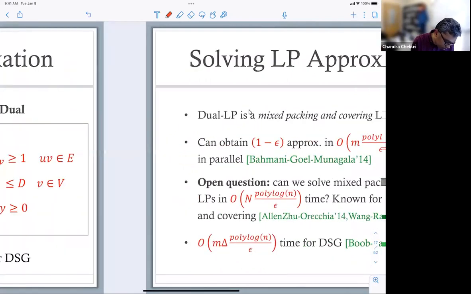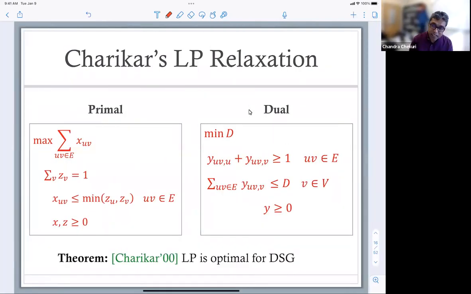What is interesting about the dual, as opposed to the primal? Don't worry about the interpretation. If you fix a value D, then it's what is called a mixed packing and covering LP. What it means is that the LP has only positive entries everywhere. There are no negative entries in the LP.